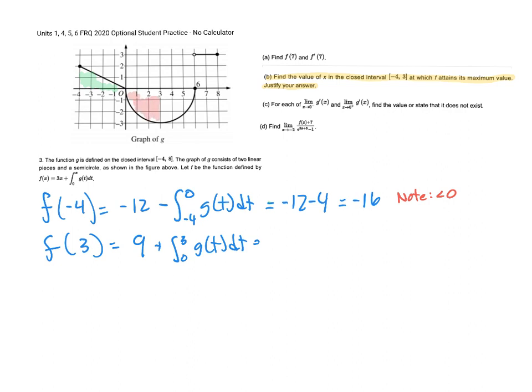So that is negative 9 pi over 4. That's a quarter circle. So this is 9 minus 9 pi over 4. And I know that little fraction there is less than 9, so this is greater than 0. I'm just going to make a note that that's greater than 0.